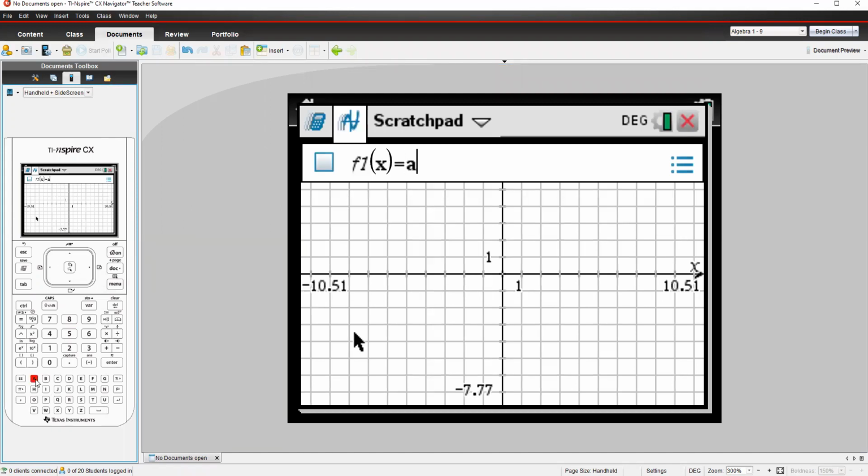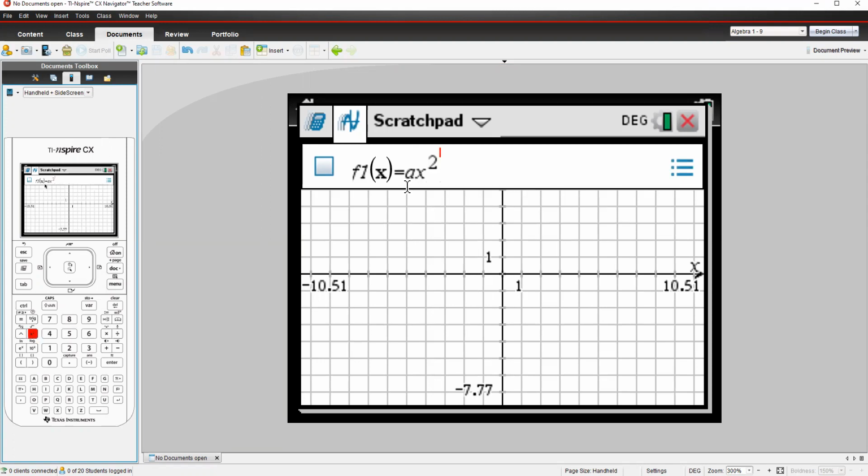So it's going to be a times x squared. That's it. Now, there's one thing that I got to be careful of. Whenever you have two variables next to each other, the calculator thinks that you're trying to create a new variable. So what I'm going to do is go back and make this explicit.